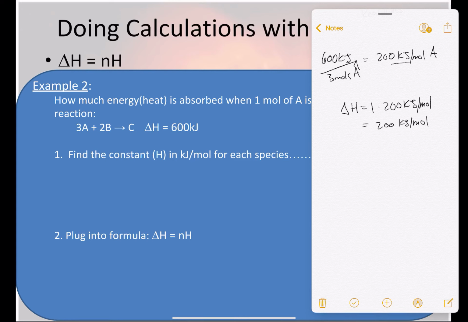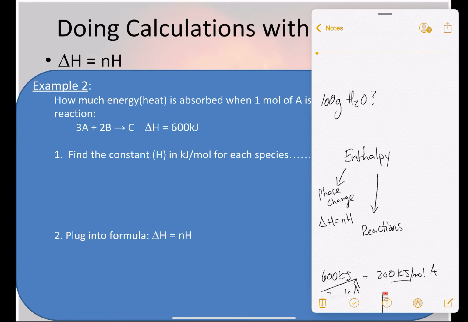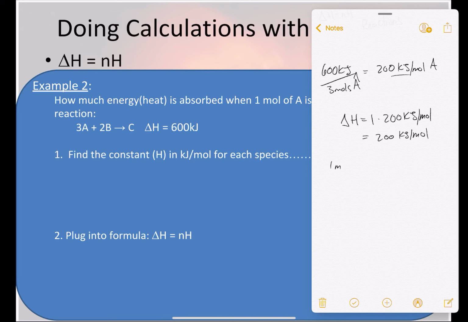But you can also see and appreciate how there's a different stoichiometric coefficient for B. So if we say that we're looking for 1 mole of B reacted, 600 kilojoules divided by 2 is going to equal 300 kilojoules per mole.